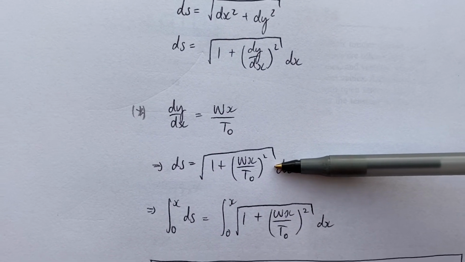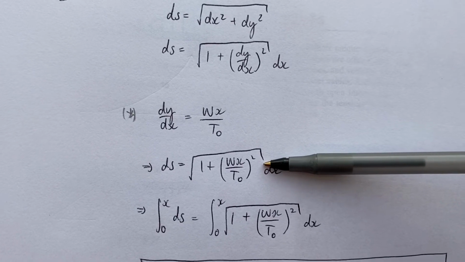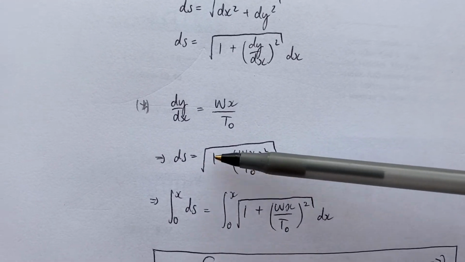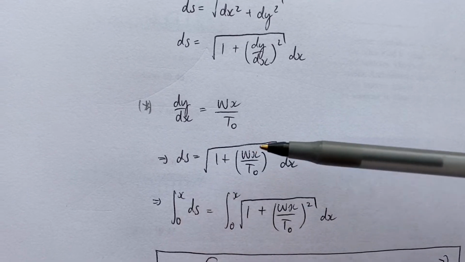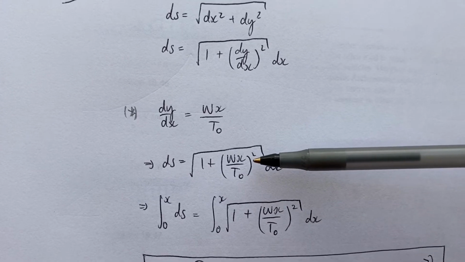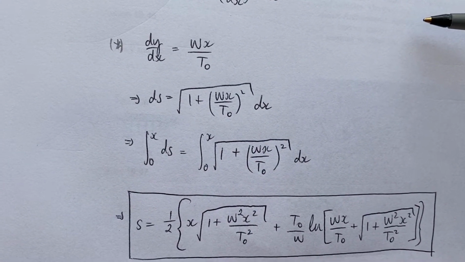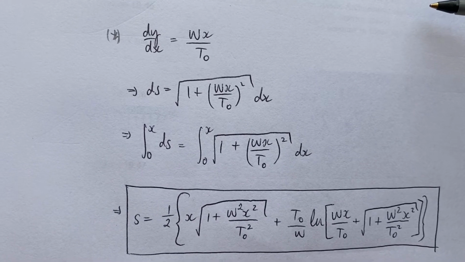And then what I do to find the length of the cable S is just integrate this equation between 0 and x, and we end up with this lovely equation for S.